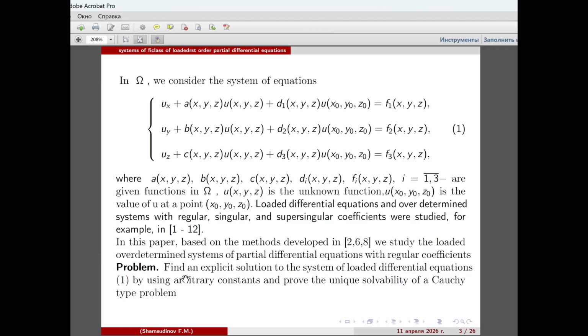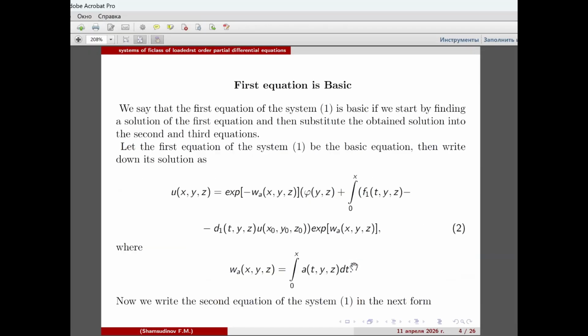Problem: find an explicit solution to the system of loaded differential equations 1 by using an arbitrary constant and prove the unique solvability of a Cauchy type problem.